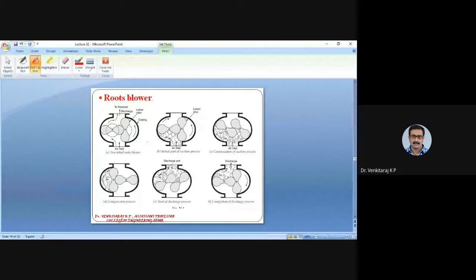That is how the root blower is getting worked.